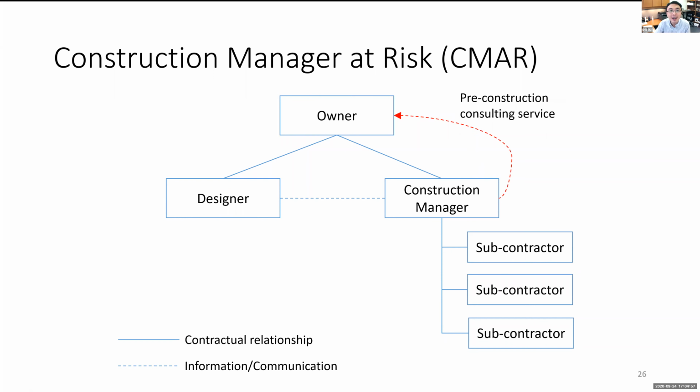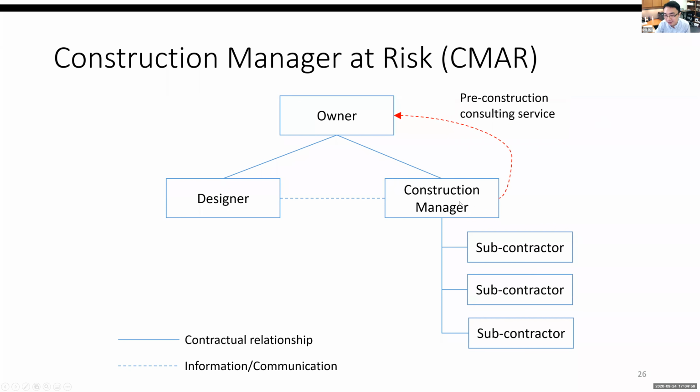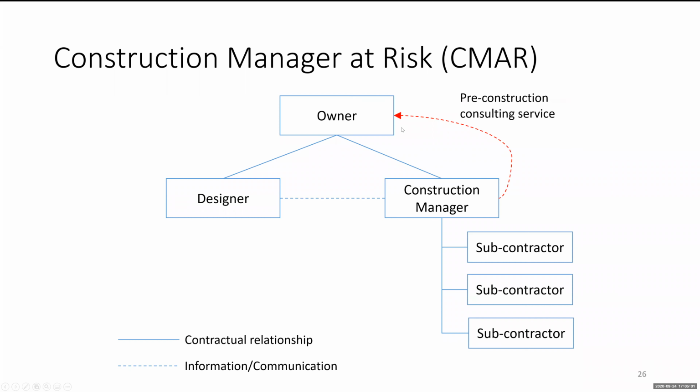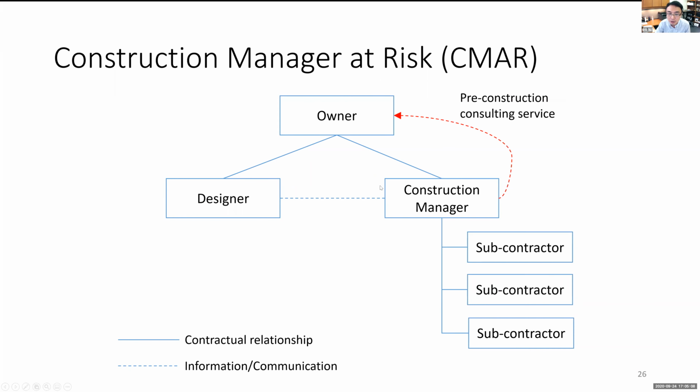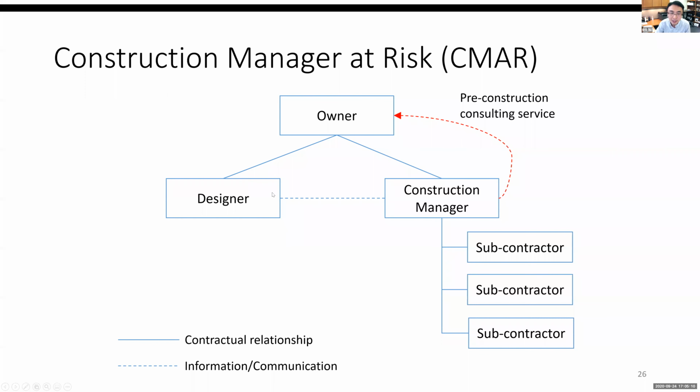Very similar. Why don't we just hire the future general contractor at the early phase of the project? This is something called a construction manager at risk. I sign two contracts at a very early phase of the project, one with the designer, one with this so-called construction manager.